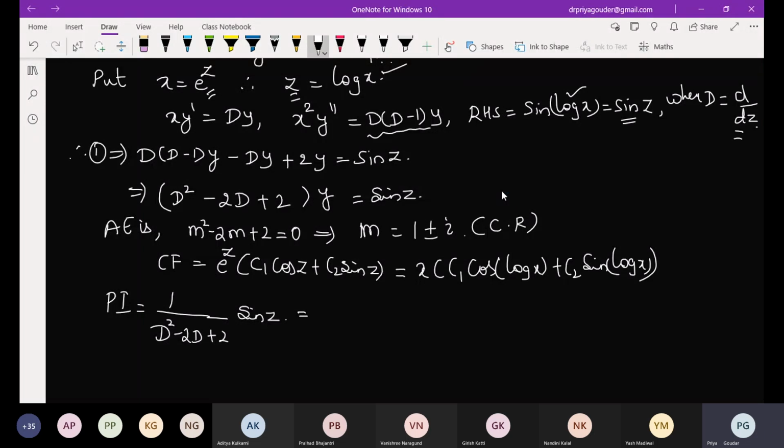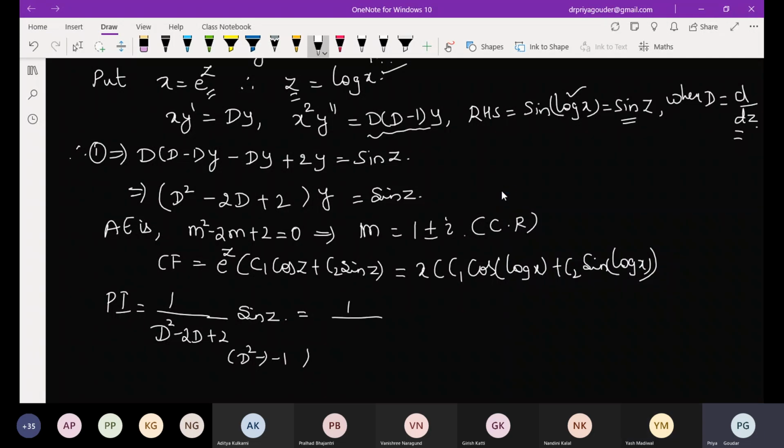What do we do in the second case? We go for a replacement, in the second case we replace D square by minus a square. What is a? A is 1, right? So replace D square by minus 1.